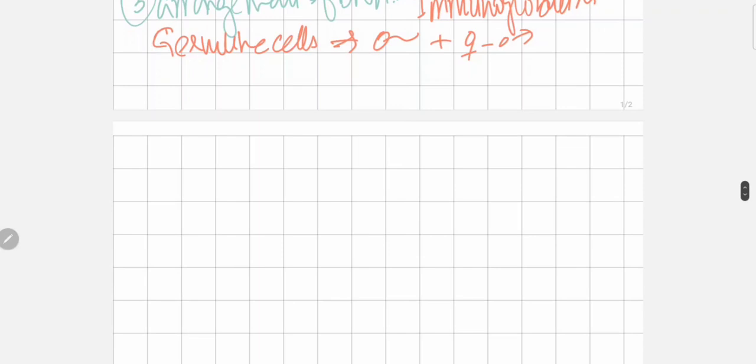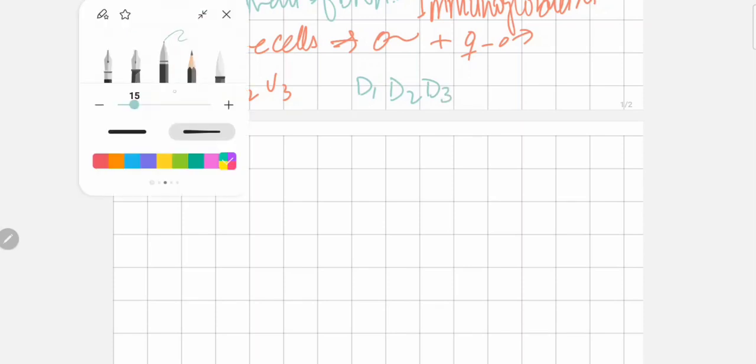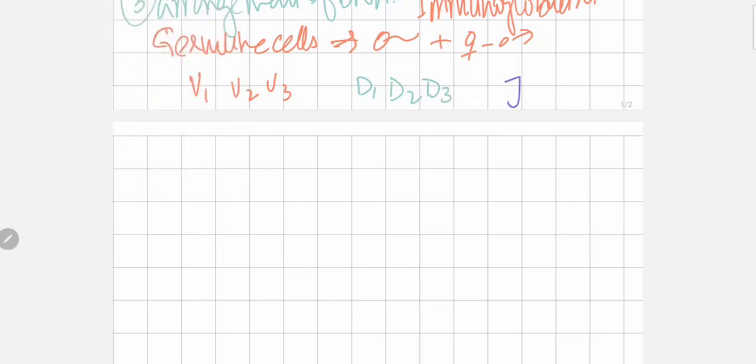essentially what are called three different regions. So we have V regions, V1, V2, V3. We have D regions, D1, D2, D3, and so on. And we also have J regions, J1, J2, and J3.